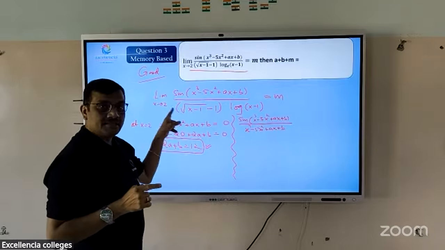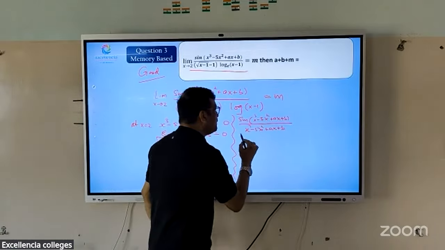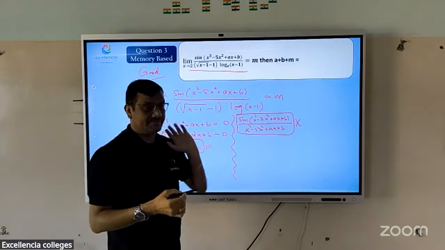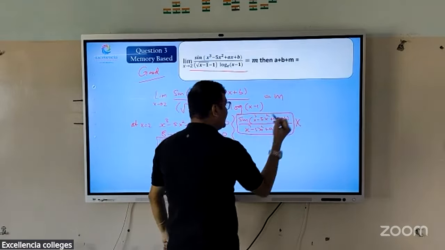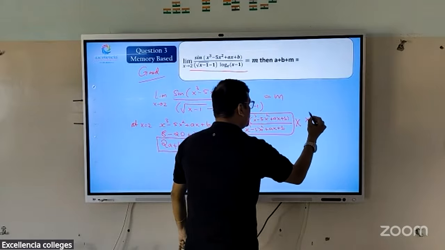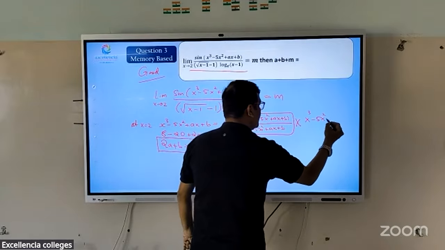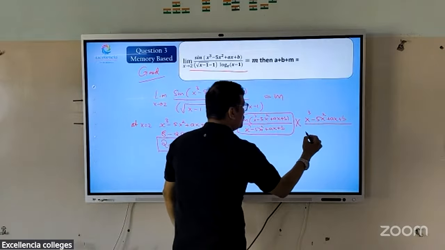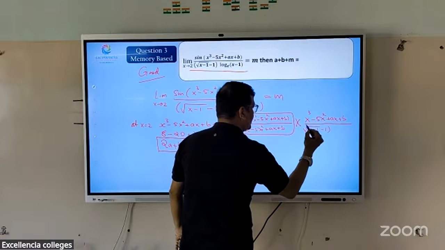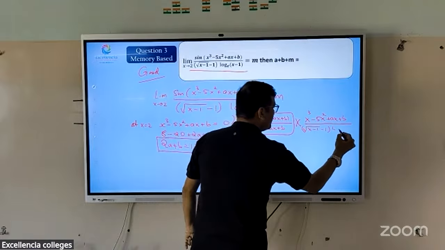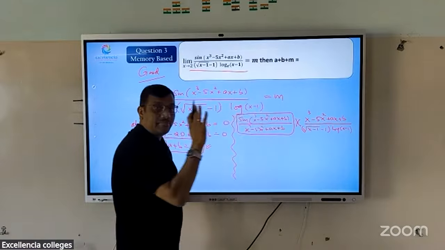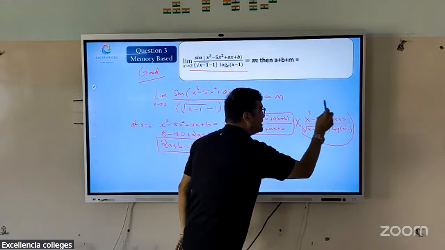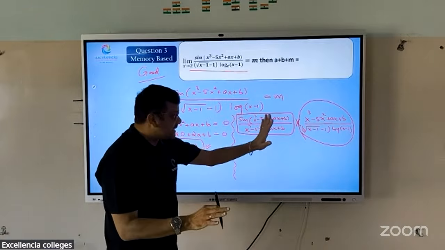So assuming the answer is finite, now balancing it, I will do (x cube minus 5x square plus 8x plus b) divided by (root of (x minus 1) into log of (x minus 1)) with the same limit. My entire thought process will be 1. So one part I'm taking out, I'm going to the next one.